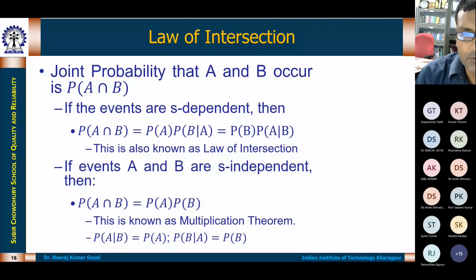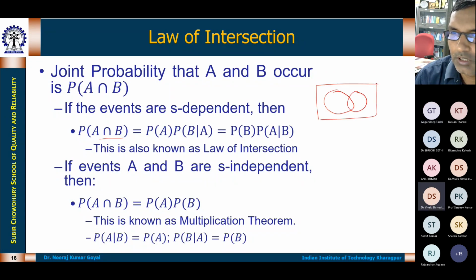Law of intersection. We want to know the probability of A intersection B. Okay? So probability of A intersection B is probability of A multiplied by probability of B given A. Probability of A means we say that event A has happened, right?